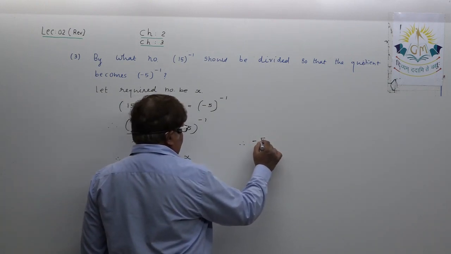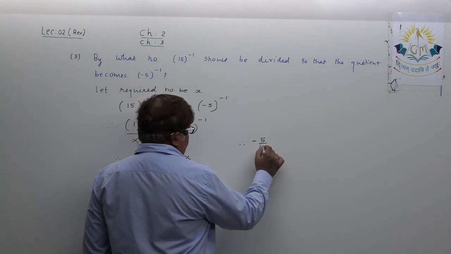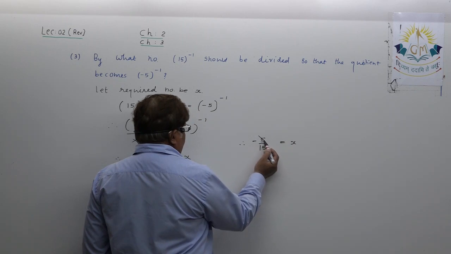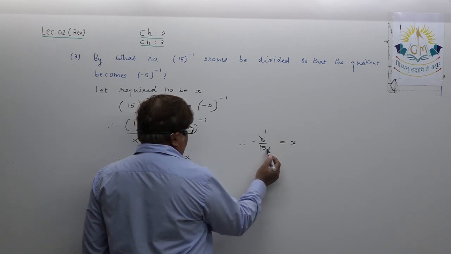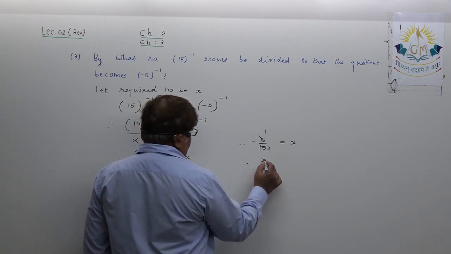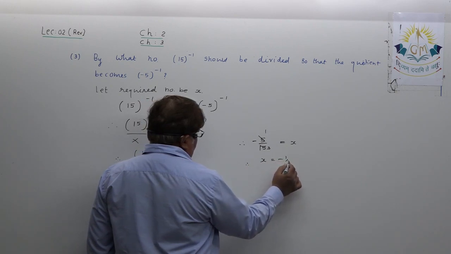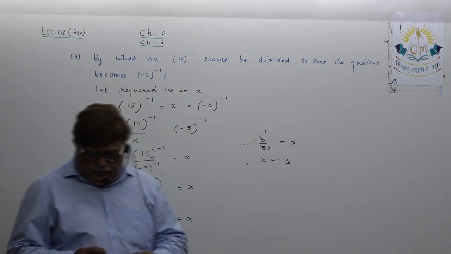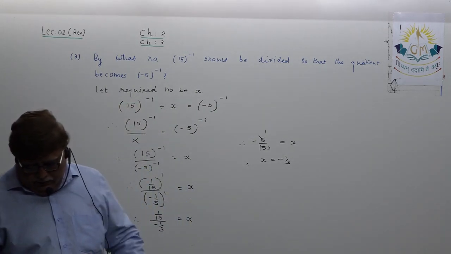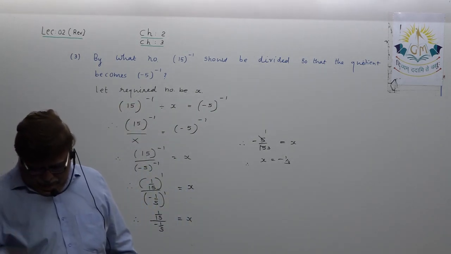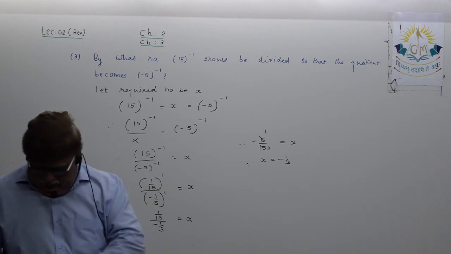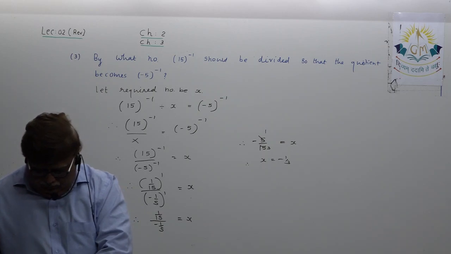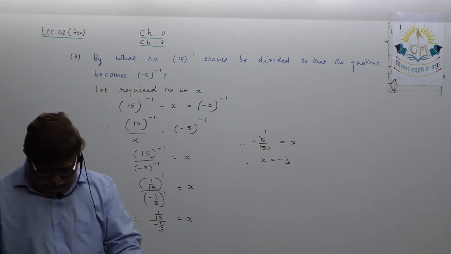So you will get it like this. Just a simple cancellation. So you got x equal to minus 1 upon 3. So we got the required number as minus 1 upon 3.